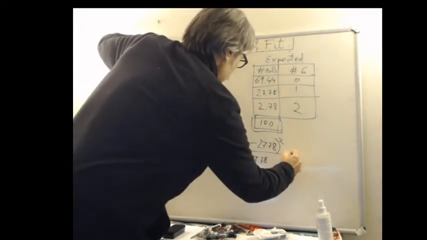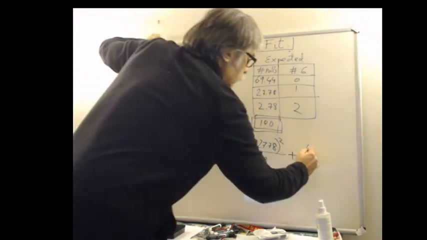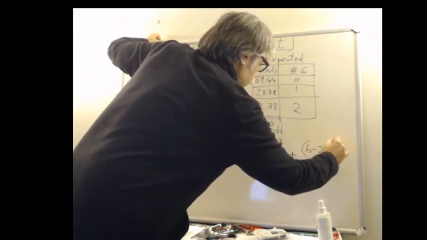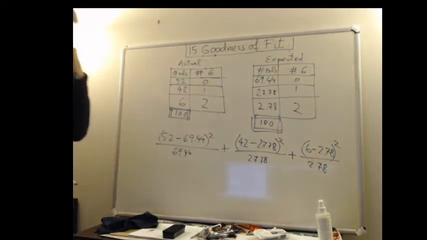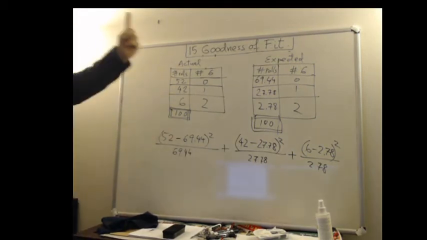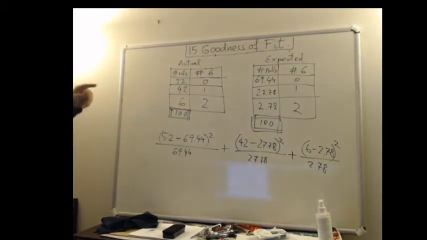And the last one, I have 6 minus 2.78, square that, and divide by 2.78. Okay? So you have 3 terms. The first category, no sixes. The second category, 1 6. The third category, 2 sixes, and sum it up.